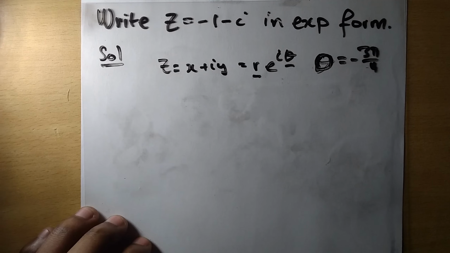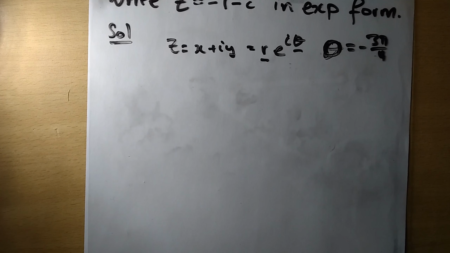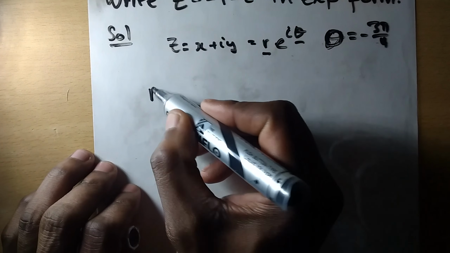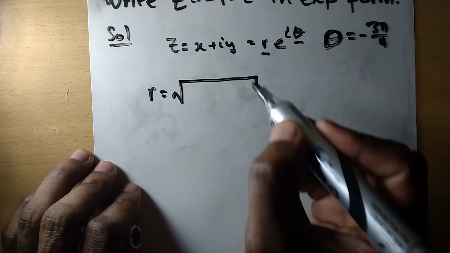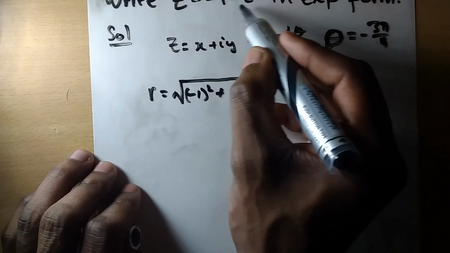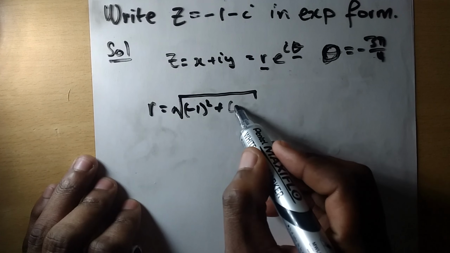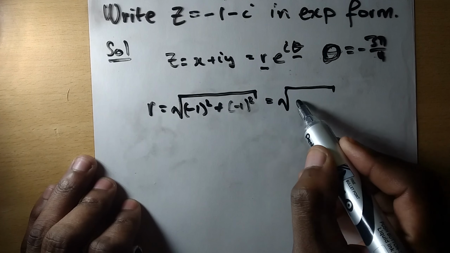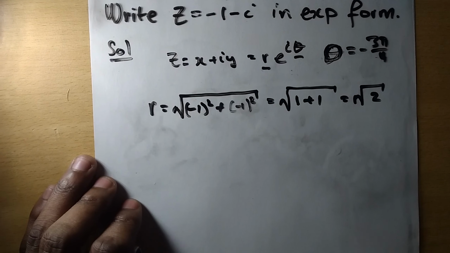So we're going to use the solution we found previously. Let us find our value of r. Our value of r will be given by the square root of the coefficient of this one, minus 1 squared, plus the coefficient of i, which is negative 1 as well, squared. This will be the square root of 1 plus 1, which is just the square root of 2, because 1 plus 1 is 2.